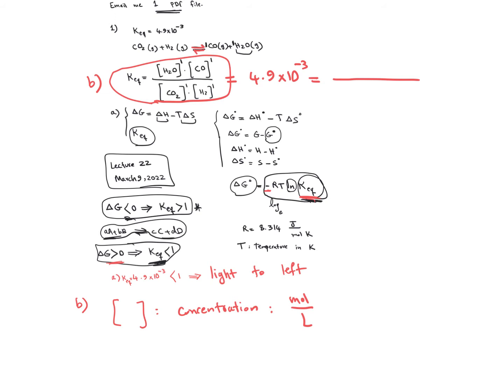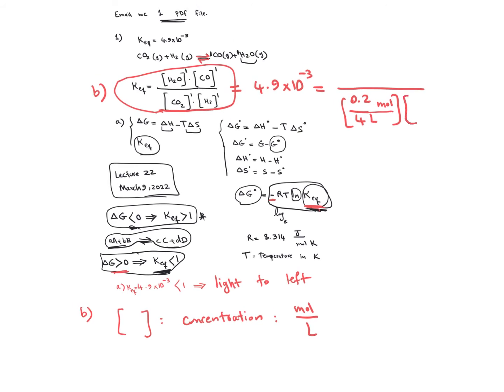It can be gram per liter, it can be kilogram per liter, but one of them would be mole per liter. So if 0.2 moles of CO2, on all of them we have the volume as 4 liter, and I write mole here. And I'm just substituting in what I have here: 0.02 moles of H2 divided by 4 liter.